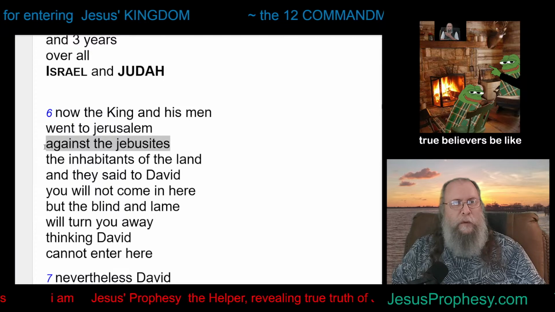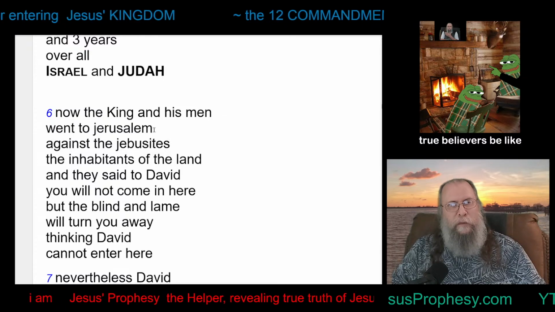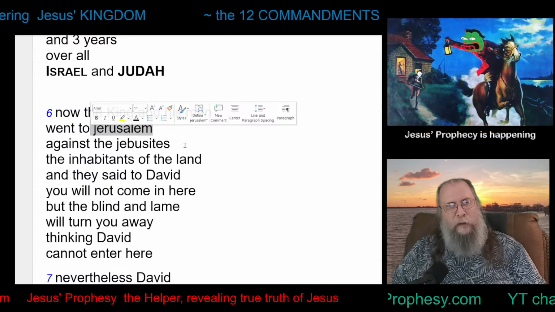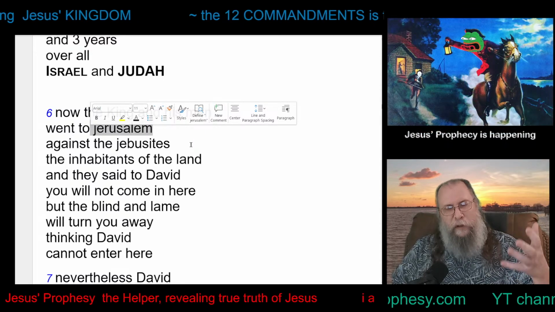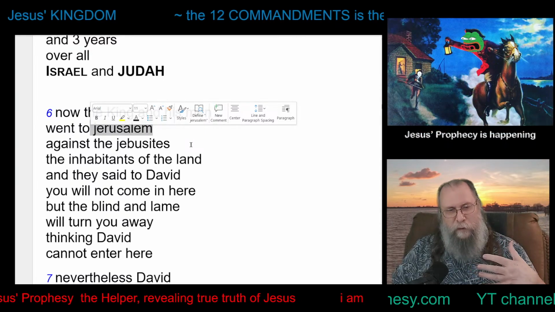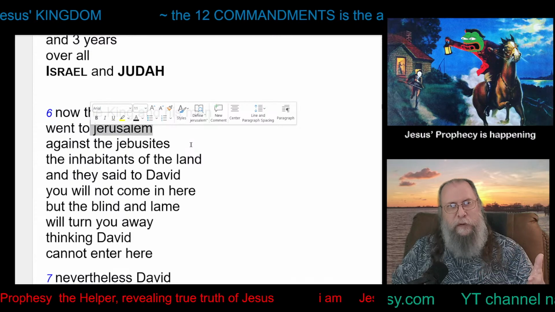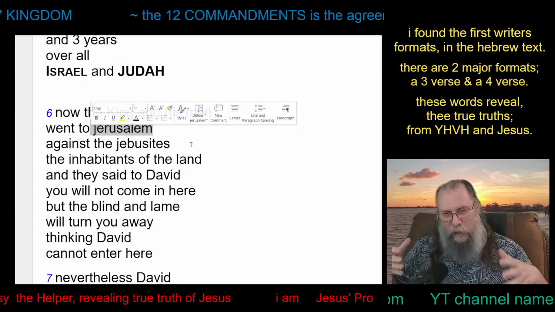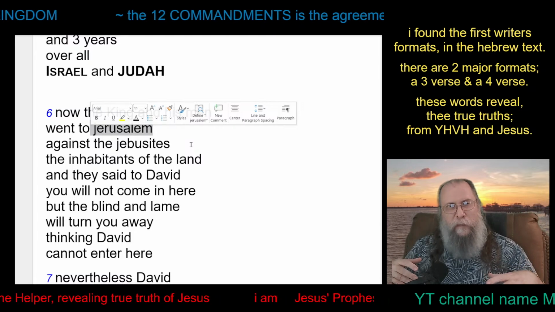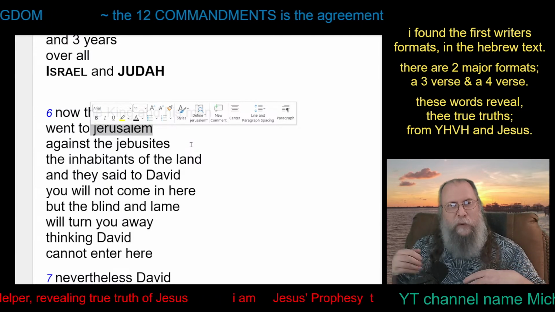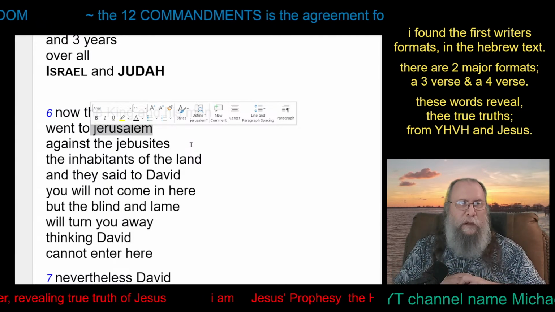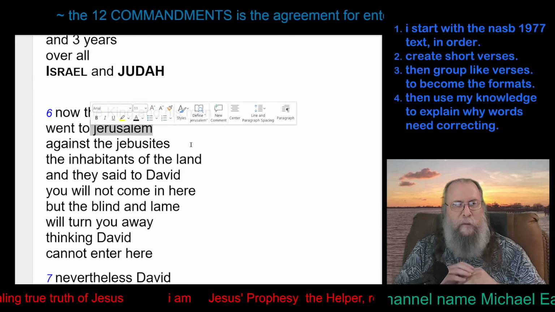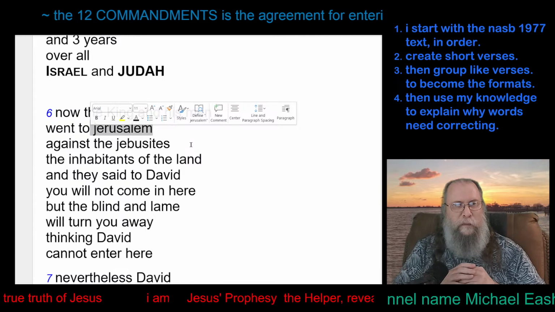This is not true. Jerusalem does not exist yet. Jerusalem doesn't happen until they're bringing back the tent or the chest with the 12 commandments to come down with him, and one of the priests stuck his hand out and our Creator killed him.